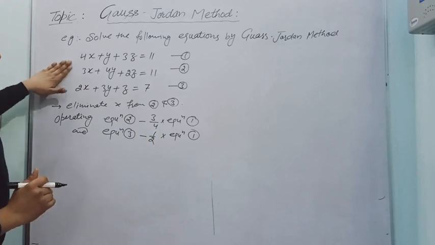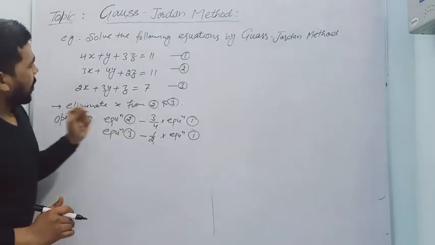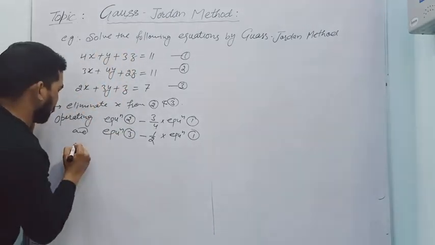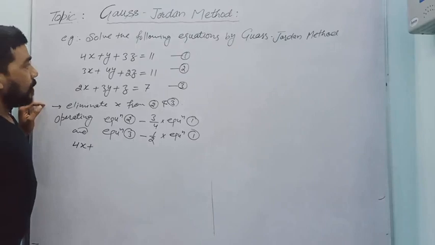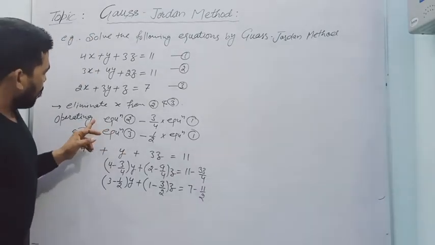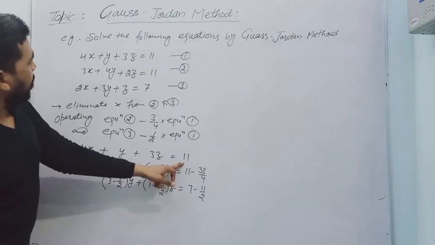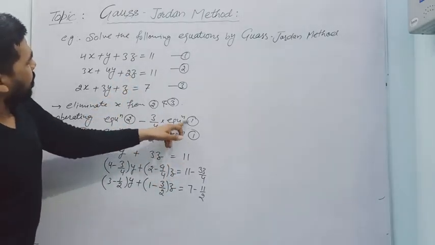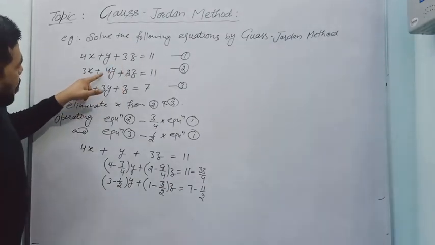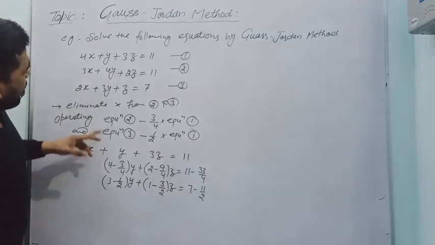When you are applying this operation, you can check that equation number 1 will be as it is, 4x plus y plus 3z equals 11. Now equation number 2 minus 3 by 4 times equation number 1. x will be eliminated, so no need to write x.